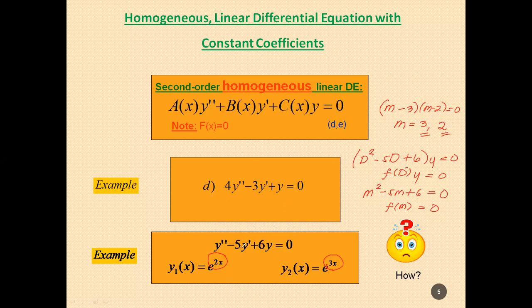So the solution of this particular homogeneous higher order DE is written as y equal to c sub 1 e raised to 2x plus c sub 2 e raised to 3x, where we introduce the arbitrary constants c.